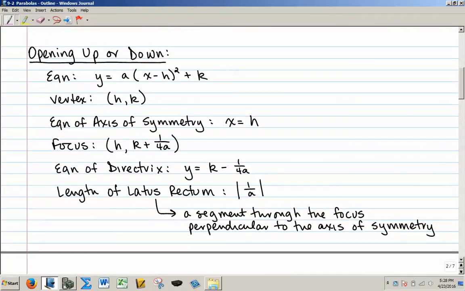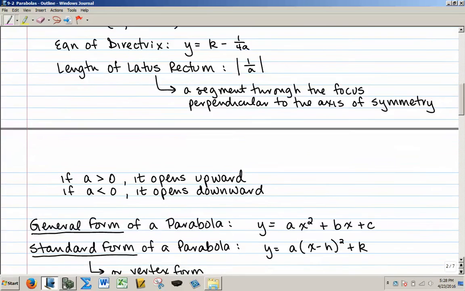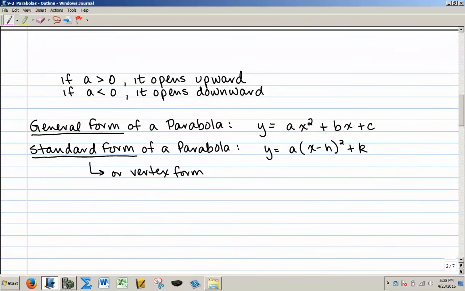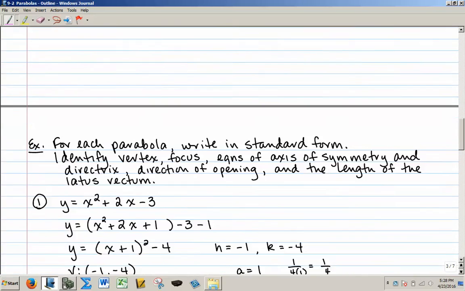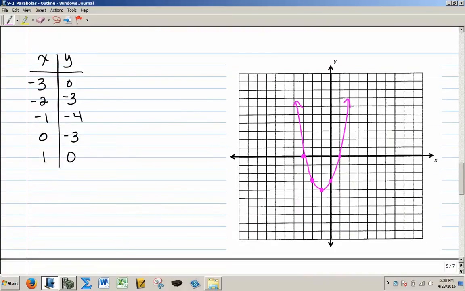We focused entirely on upward and downward opening parabolas with their equation in standard form and all of the details. We wrote it in standard form, found the vertex, the focus, the axis of symmetry, the directrix, the latus rectum, the direction of opening, and then went ahead and graphed one.